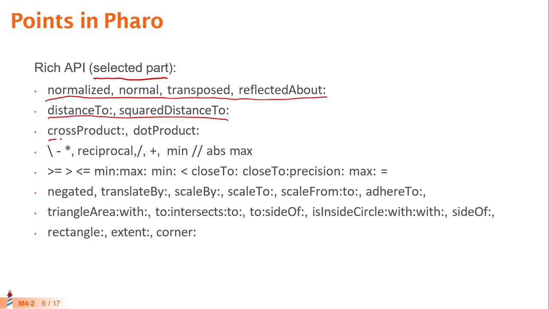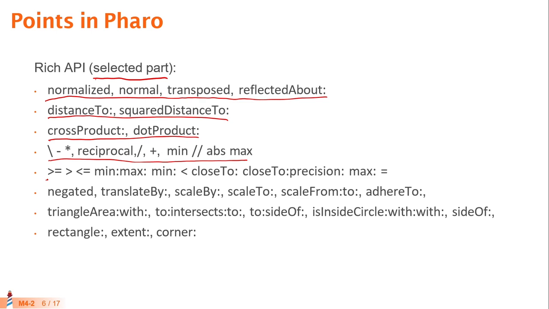We have the cross product and the dot product. We have a lot of mathematical operations on top of points. We can sum two points. We can multiply a point by a scalar, and we can calculate the division between a point and a scalar, so it will change its size.